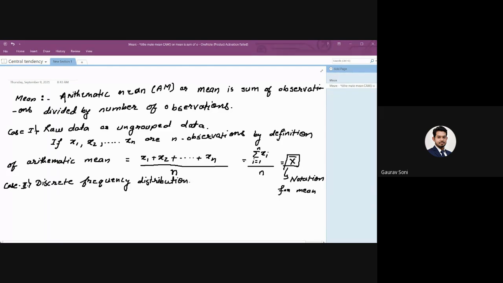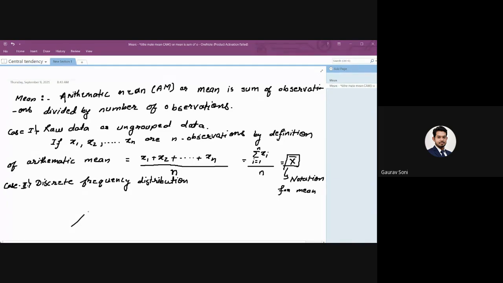What do we mean by discrete frequency distribution? You have certain values of x, and for each value of x, you have certain frequencies, and this is how discrete frequency distribution is defined.